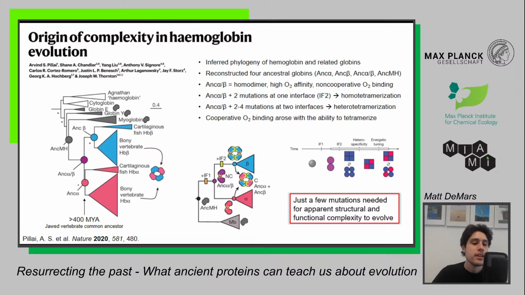But it turns out that, at least in this case, and in several other cases that this particular group has studied, you only need a relatively few number of mutations in order to gain this complexity in structure and function. And so that's pretty interesting, and it tells you something more broadly about evolution in general.